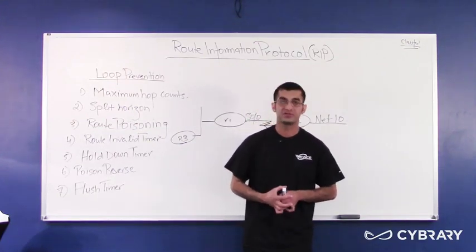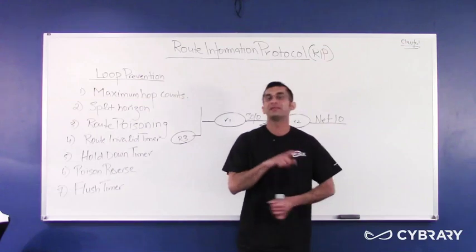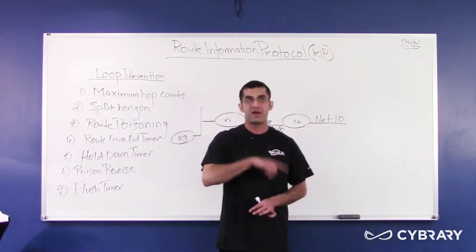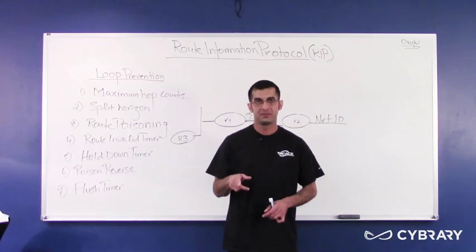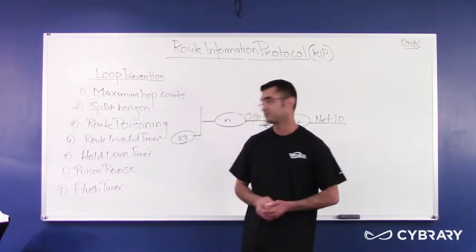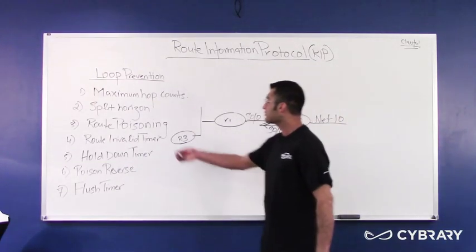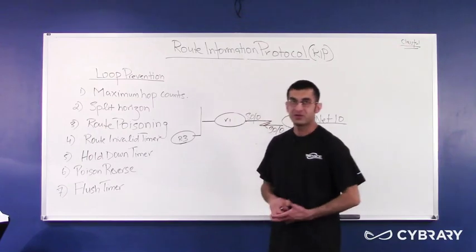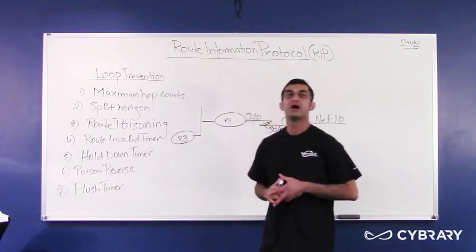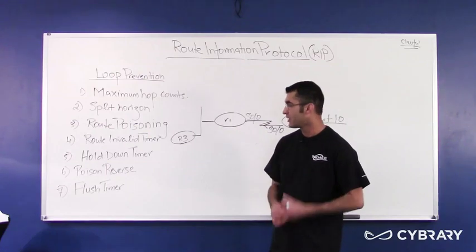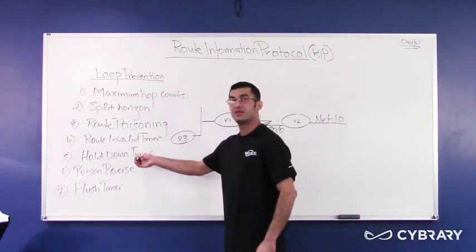Because I don't want to constantly add network 10 and then take network 10 away from my routing table. Because when I'm doing that, I'm not actually routing, and packets could back up. So when the route invalid timer expires, which is 180 seconds, the hold down timer is started, which is another 180 seconds.